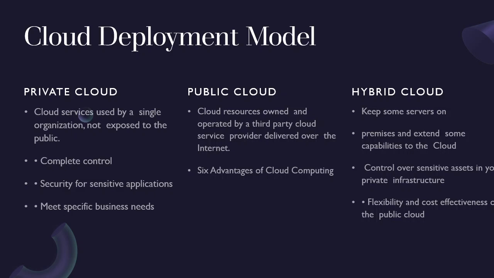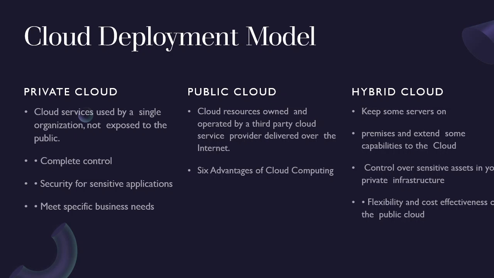As I said, some organizations might have a regulatory requirement that they don't want to expose the data in the public cloud, so they host all the databases and database related servers in the private cloud, but the application layer or the user layer is exposed to the public cloud.